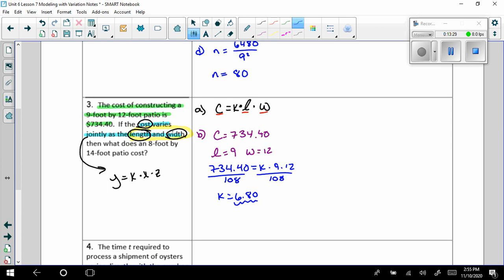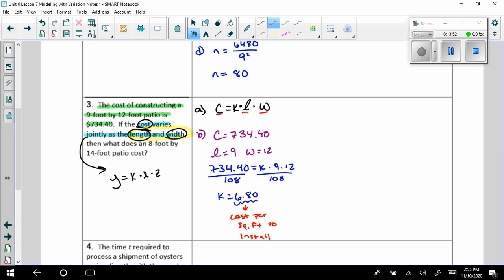What does your constant of proportionality represent? Okay, this is your cost per square foot to install.